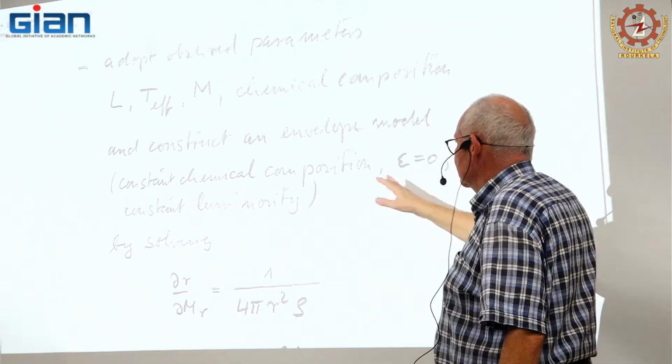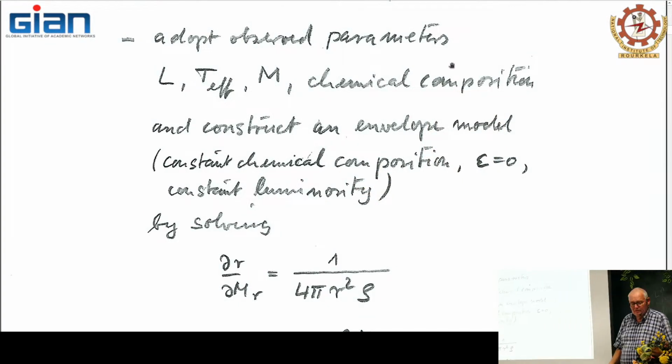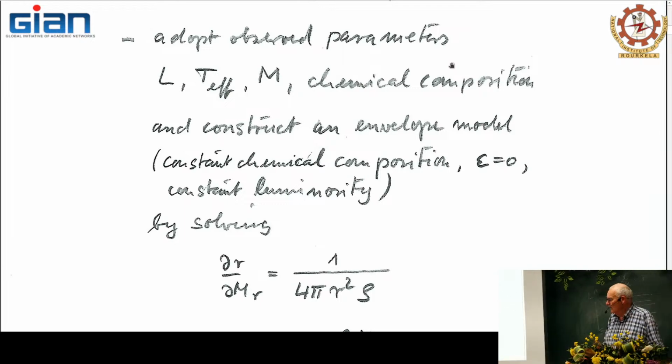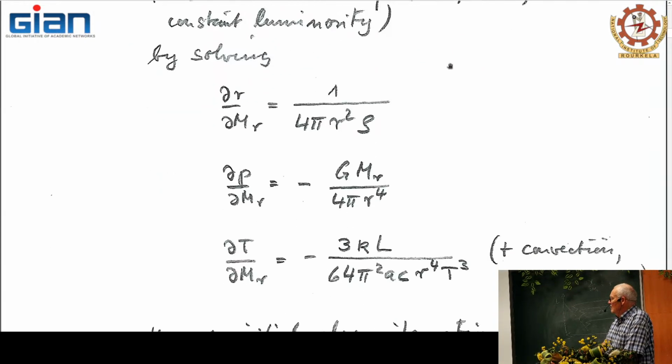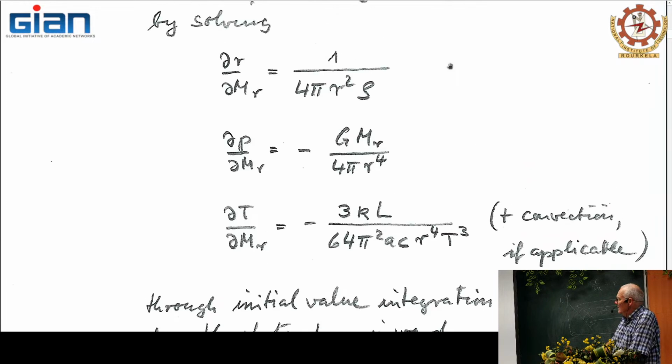Constant chemical composition, nuclear energy generation is 0 and therefore the luminosity is constant and equal to the observed value. Then, using the usual boundary conditions at the photosphere, we can now integrate these three equations inward.